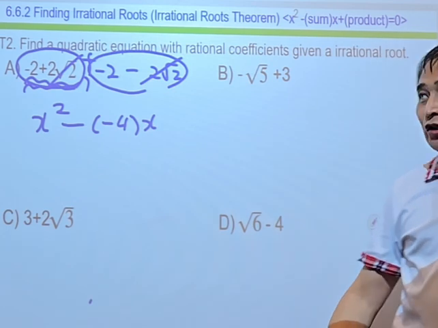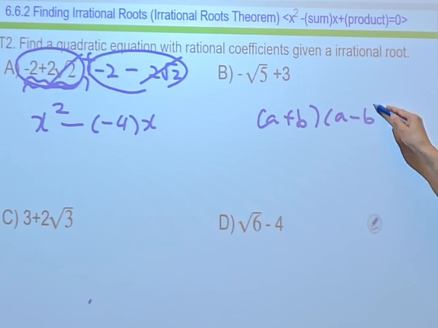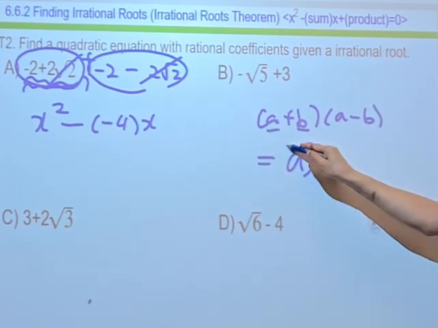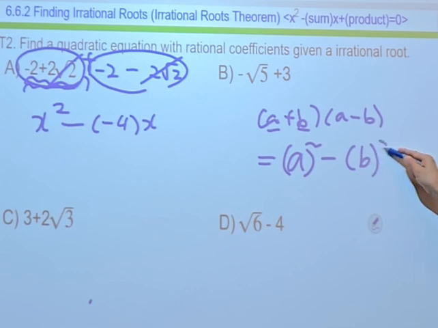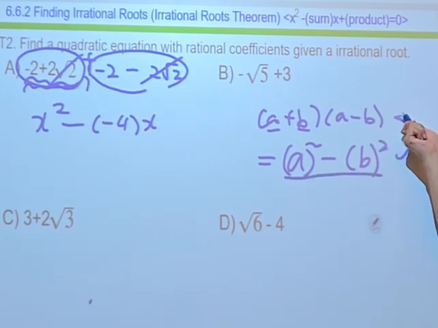And the product. Do you remember (a plus b) times (a minus b)? It's the first one squared minus the second one squared. That's the difference of squares, which we can factor this way.